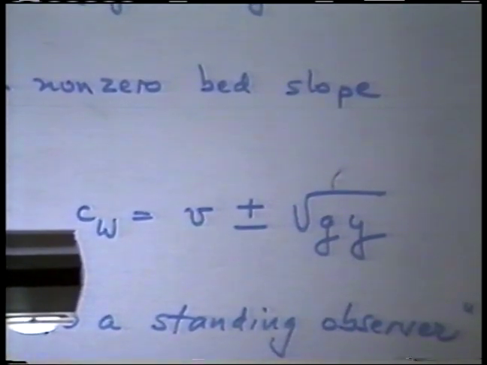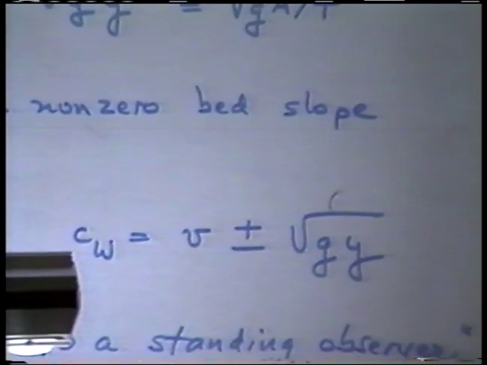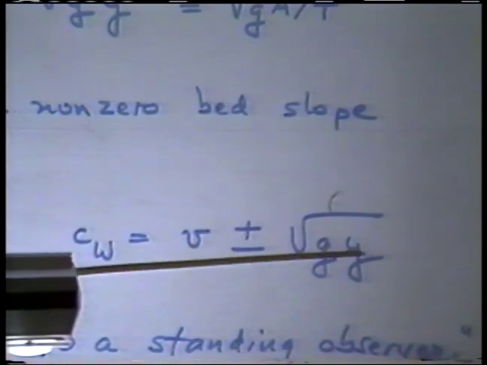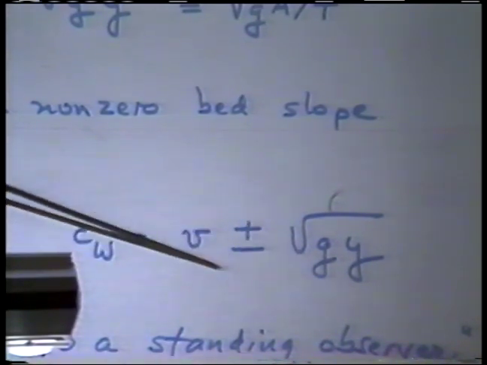It means that there is a perturbation somehow caused in a river, and that perturbation, based on a one-dimensional, frictionless approach, and we'll get to that later a little bit more, will travel upstream and downstream. It will have the velocity of the flow, if you have a flow velocity, and it will be v plus minus the square root of gy. If the velocity is 0, if the flow is at rest, of course it will be plus minus the square root of gy. But otherwise, if there is a velocity, then this is what it's going to be.